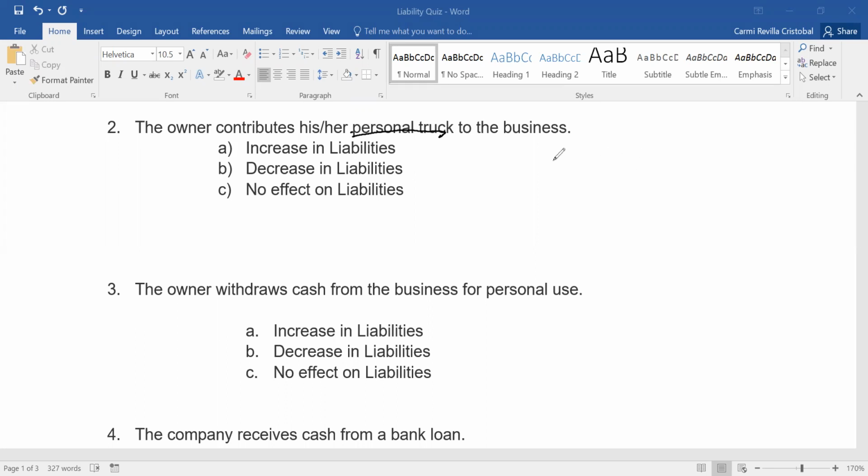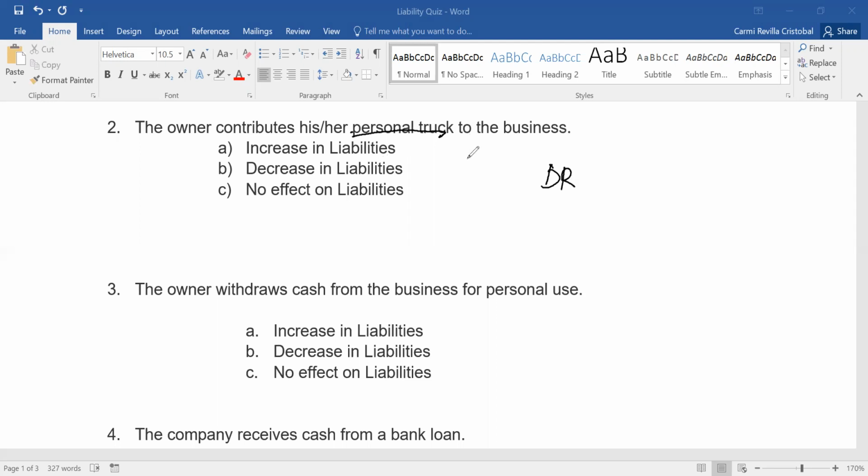Maybe it's a trucking business, or selling goods in bulk. Let's just assume. So he contributes it, and we determine the effect on the liability.